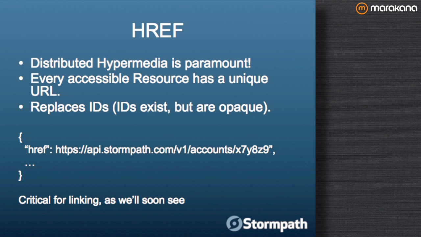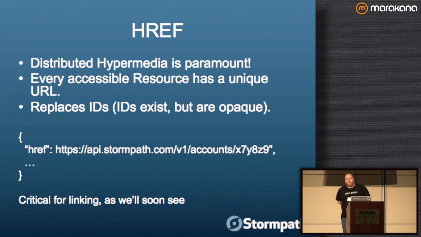Okay, so media type, camelCase, dates, hrefs. I just want to touch on this briefly. One of the most important things about RESTful architectures is this notion of distributed hypermedia. Fielding said it's absolutely paramount. It's one of the most critical, if not the most important part of RESTful architectures. And the idea is that resources need to be able to reference other resources.